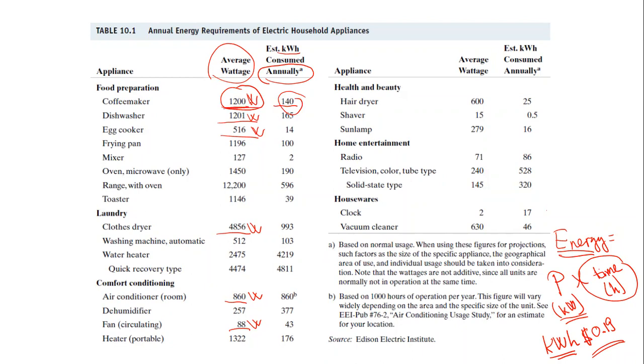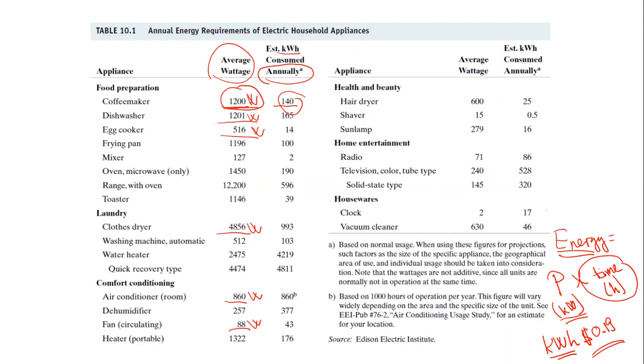This gives me that I'm using the coffee maker 116 hours a year. If I divide it by 365, I will find that I'm using it for 19 minutes every day.